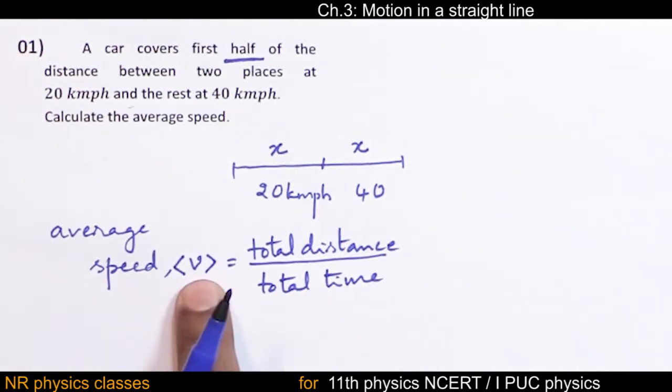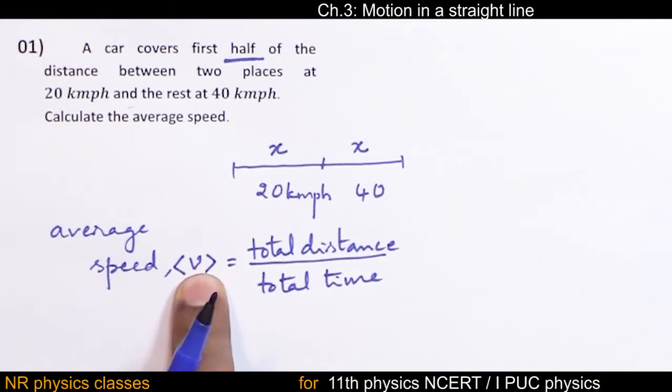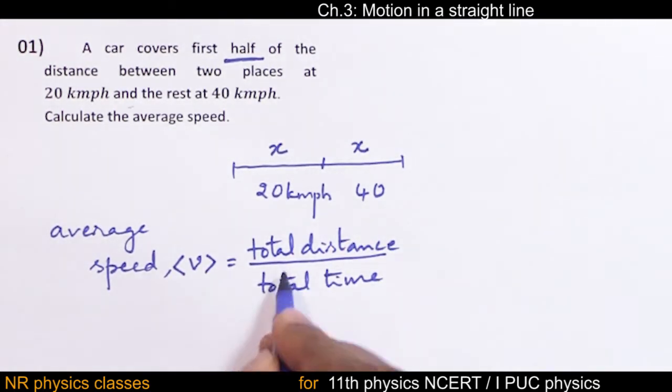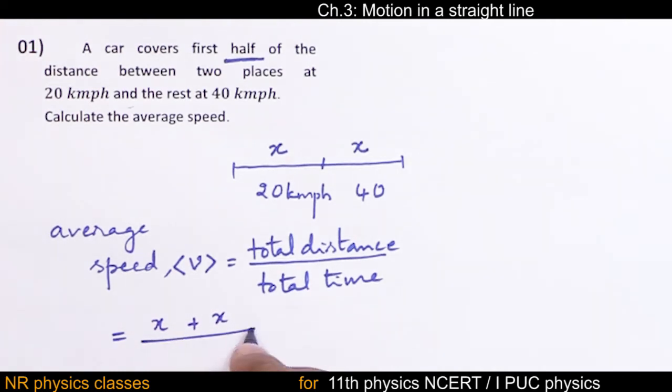This is how average velocity or average speed is defined. If this is distance, it is speed; if this is displacement, then it is average velocity. Total distance is x plus x, the other distance is also x.